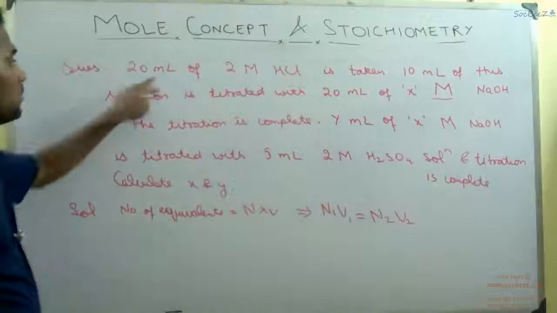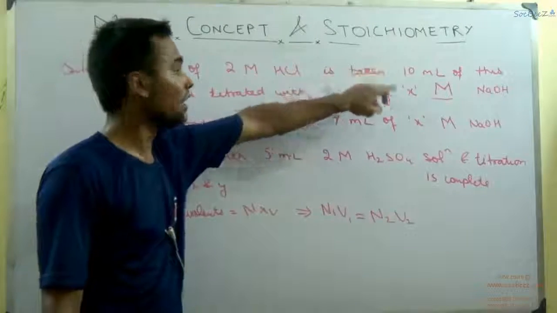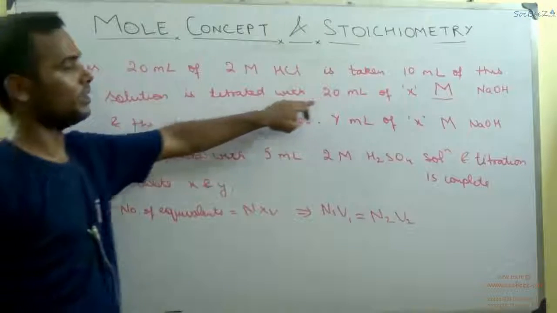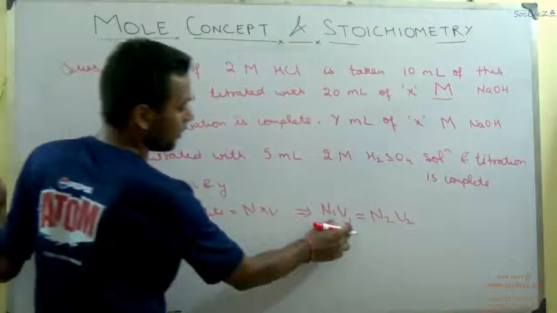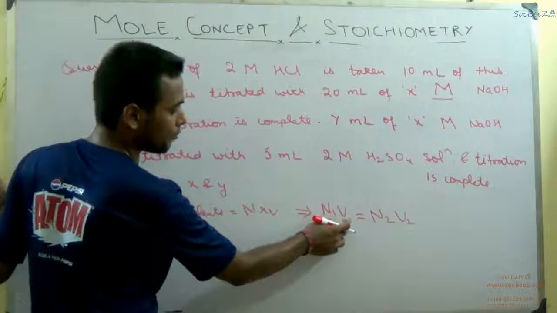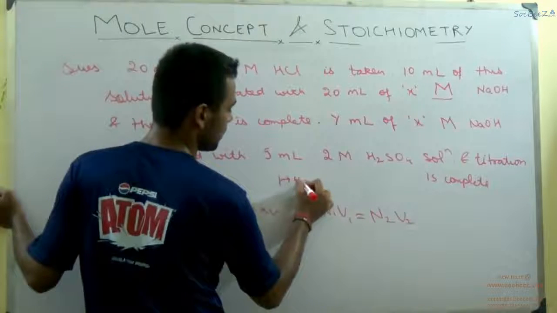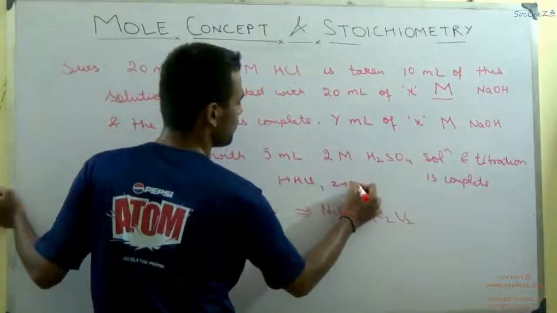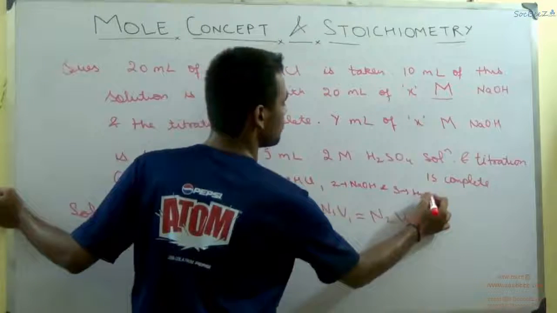Okay, so here 20 ml of 2 molar HCl is taken. 10 ml of this solution is titrated with 20 ml of X molar NaOH. So let's say 1 corresponds to HCl, 2 corresponds to NaOH, and 3 corresponds to H2SO4.